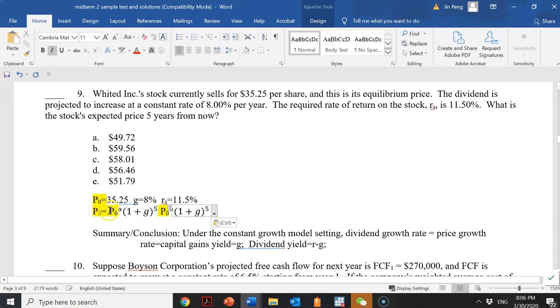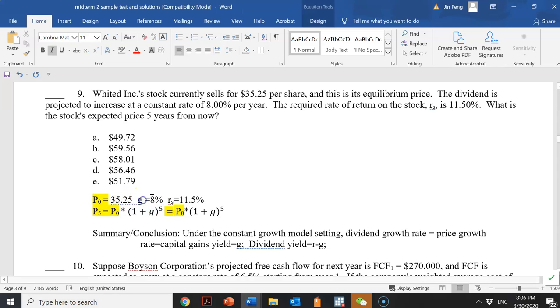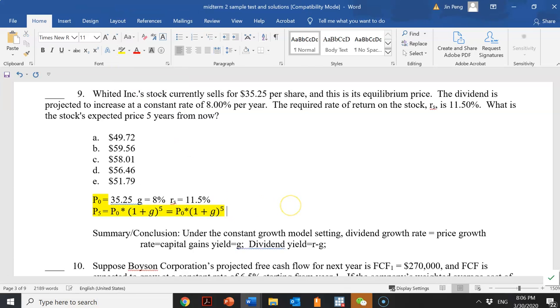So here we can just use P0 and G. Let me make it look better. It's going to be 35.25 multiplied by 1 plus G, 1 plus 8% to the power of 5.